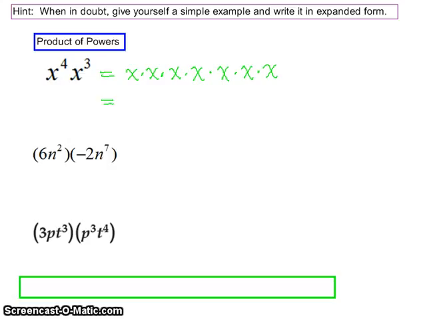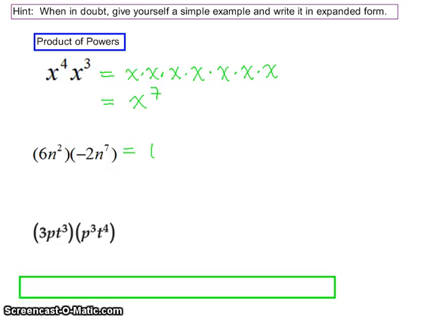So this is equal to x to the 7th because there are 7 x's multiplied together. Can you imagine what the rule might be for taking the product of two powers with the same base?